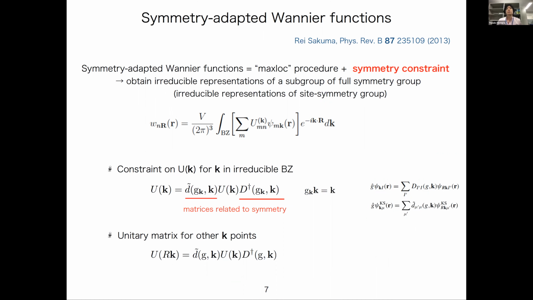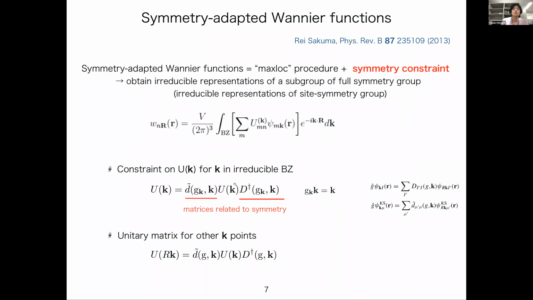Then let me explain the symmetry adapted Wannier function in a little bit more detail. So basically, the problem is how to put a constraint on the unitary matrix U. This is given by this formula.